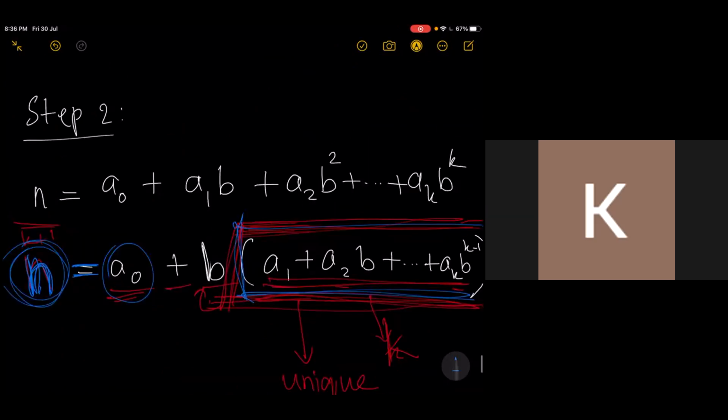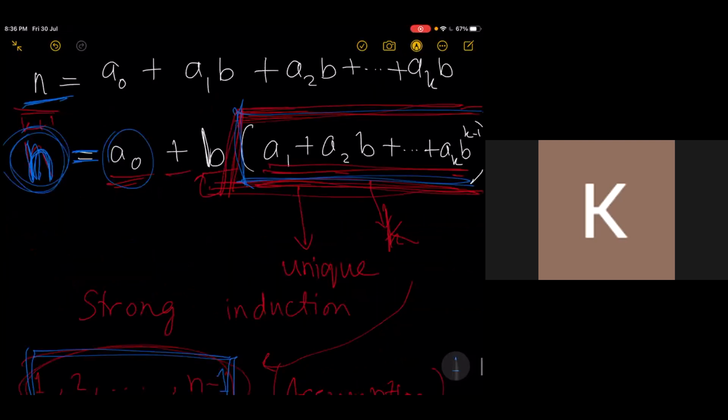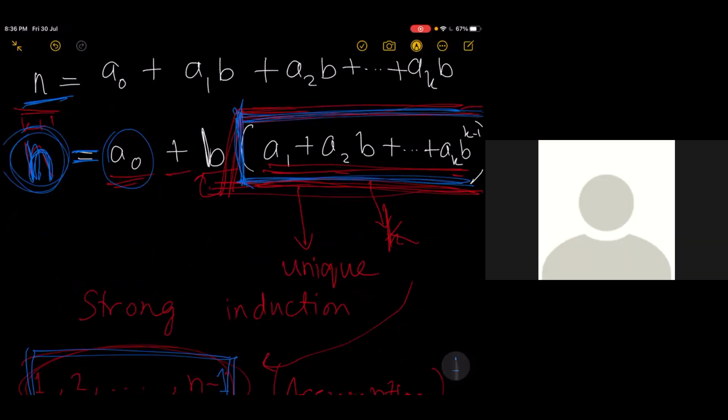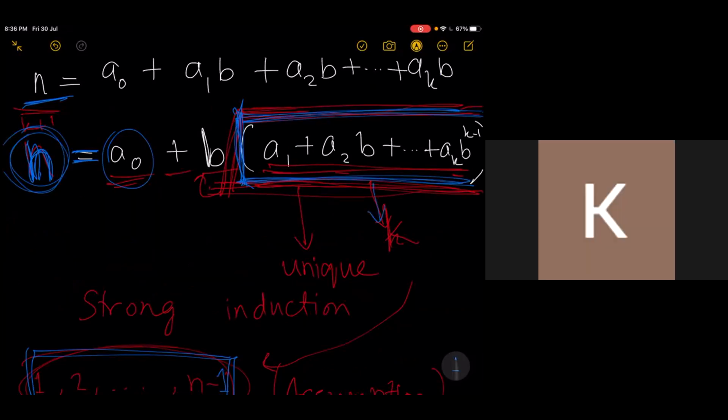Now how many digits does n have? N is a k plus 1 digit number, right? Yes. If I write n in base b, it will be a0, a1 till ak, like this. And how many digits does this number in the bracket have? It has k digits, right?